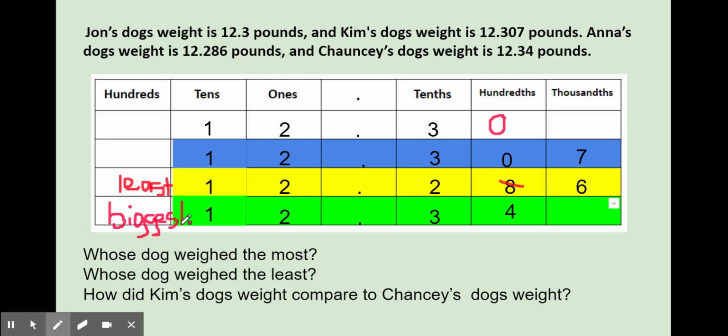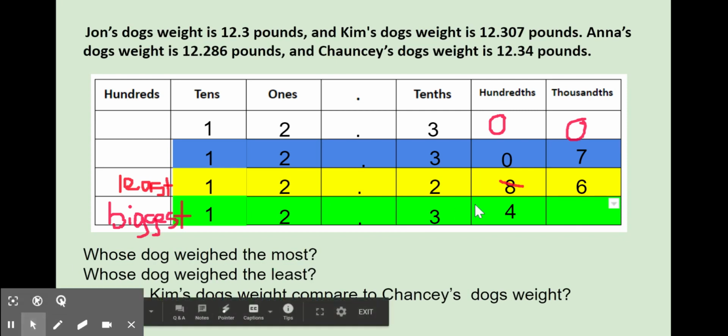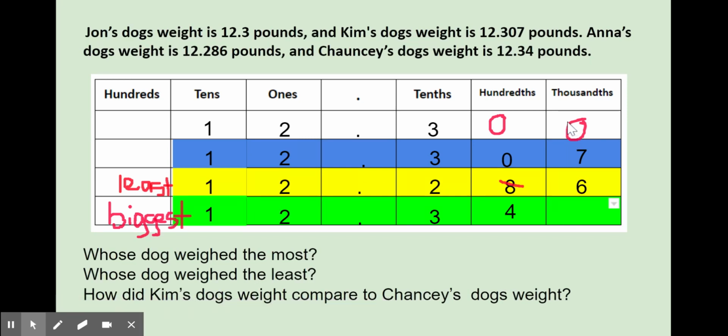So we're going to label that because we're no longer comparing that number. So we have 0 and 0, so we go to our last place, the thousandths. We can put a 0 in there to fill that in. Actually, I'm going to erase that because we're no longer looking at that number, because this number is the largest, this number is the smallest, so then we're just looking at these two numbers.